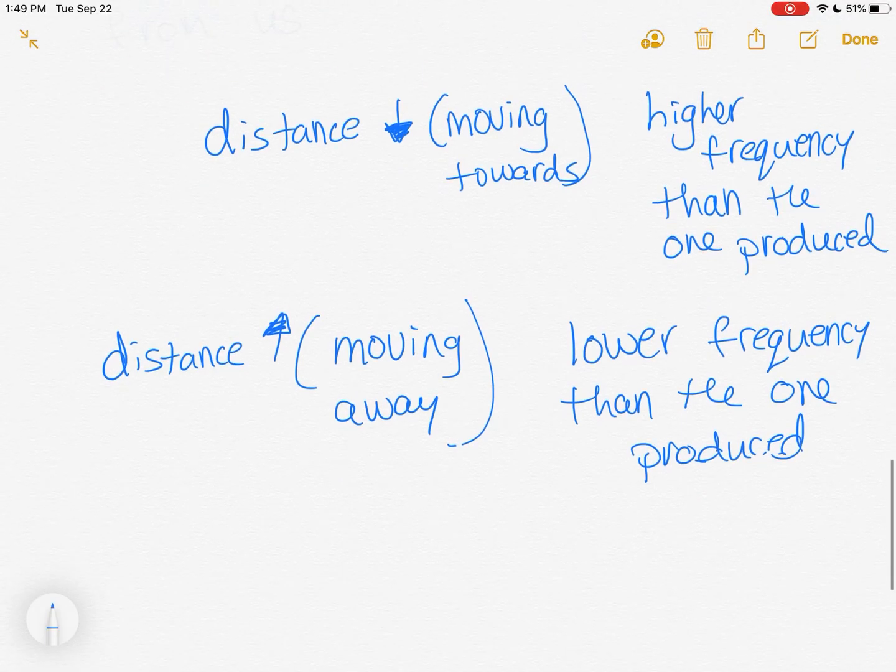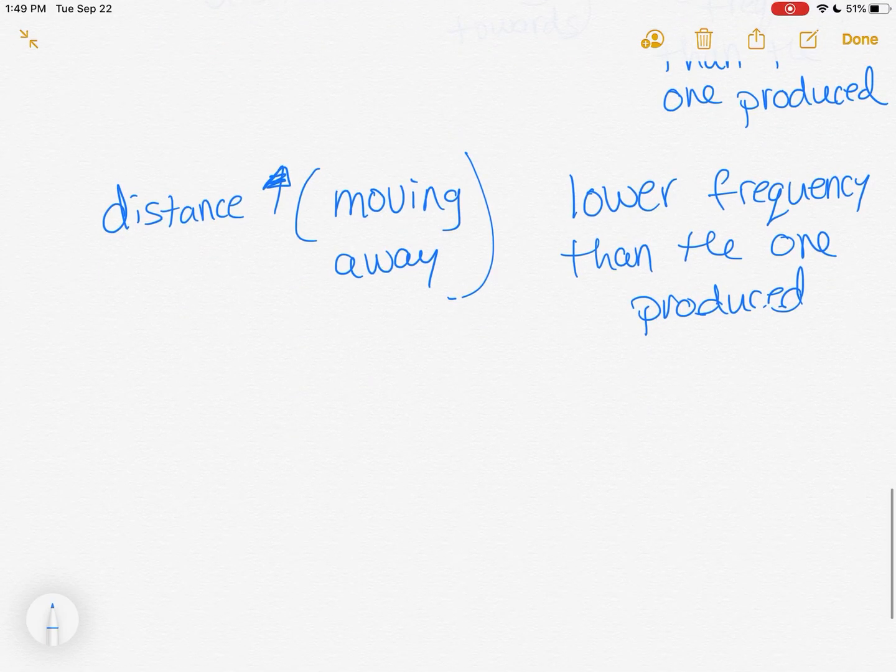So depending on whether you hear a higher frequency or a lower frequency, it's going to depend on whether the object is moving towards you or moving away from you. And the formula for our Doppler effect is actually on your formula sheet, so you don't have to memorize it. But this is what the formula looks like.